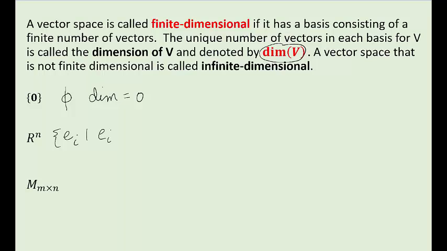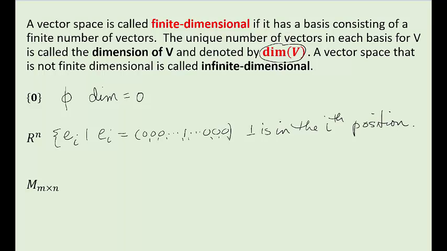So e sub i, I'm just going to write it like this: 0, 0, 0, dot, dot, dot, 1, dot, dot, dot, 0, 0, 0, where 1 is in the ith position. That's not a very good way to write that, but I skip all the words. And so we would say that the dimension of n-space is n. We have n vectors e sub i.